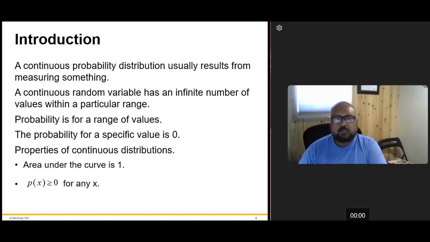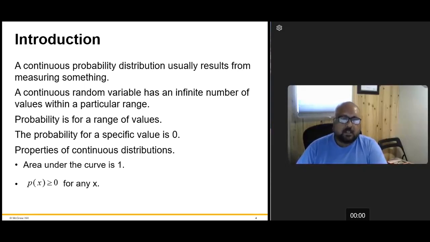Now, what is a continuous probability distribution? In another session, we talked about this briefly, where we defined discrete probability distribution and continuous probability distribution.